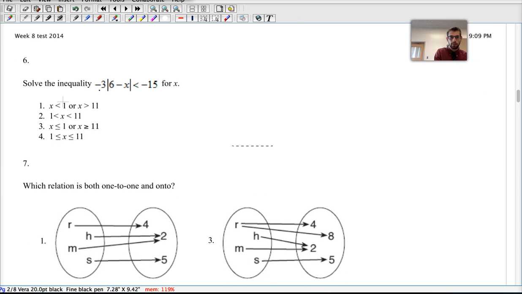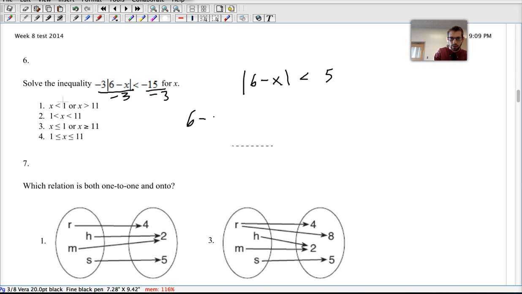Alright, so my first step here is I have got to get the absolute value by itself. So we're going to go ahead and divide both sides by negative 3. So now I can rewrite this as 6 minus x is greater than 5. Okay. So now I can go ahead and set this up.